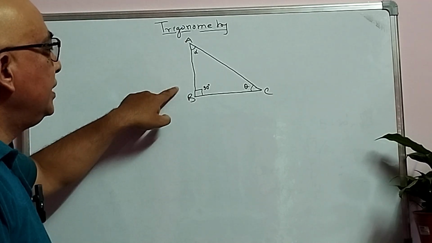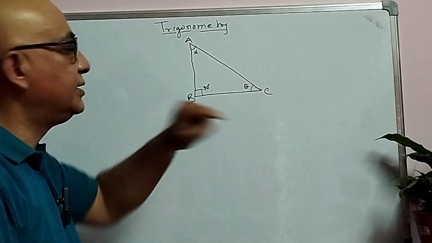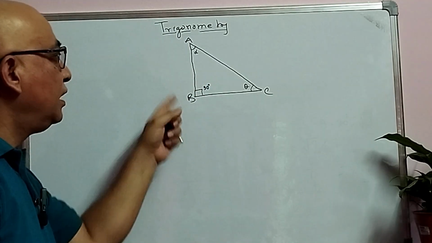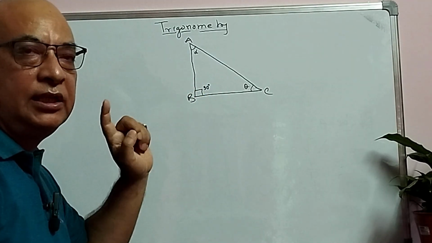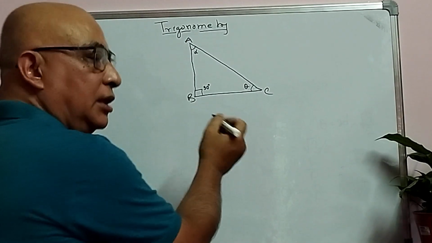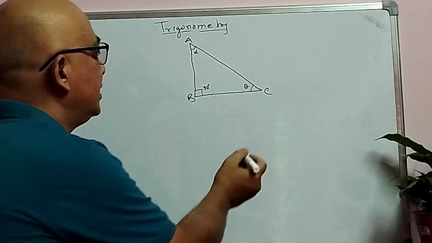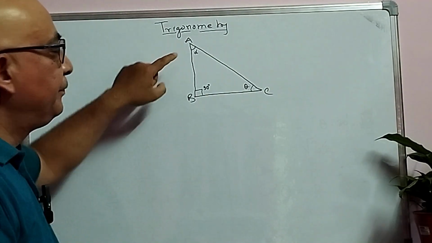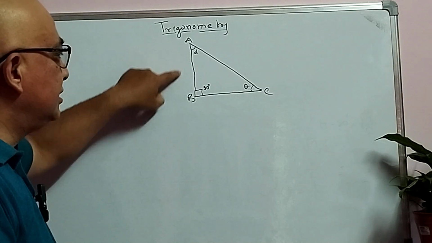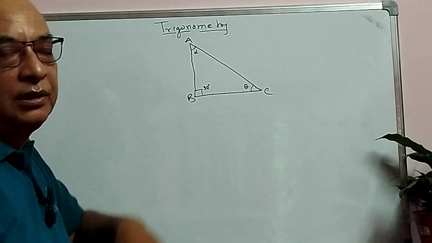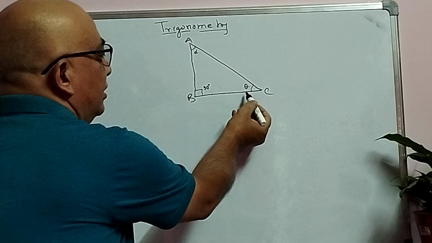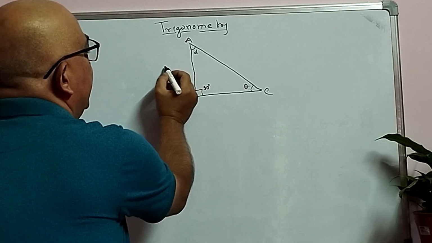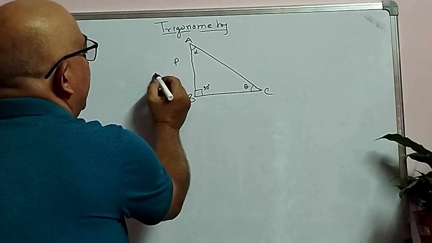And there are three sides: side AB, side BC, and side AC. Here, of the other angles, one can be taken as a reference, angle of reference, with respect to which we give these sides their names. Like if theta is the angle of reference, then AB is perpendicular.